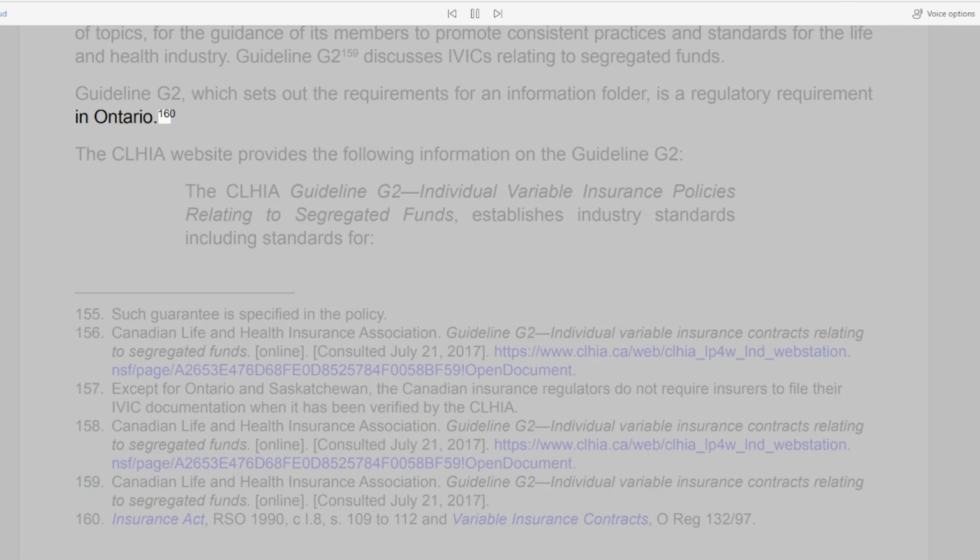160. The CLHIA website provides the following information on the Guideline G2.